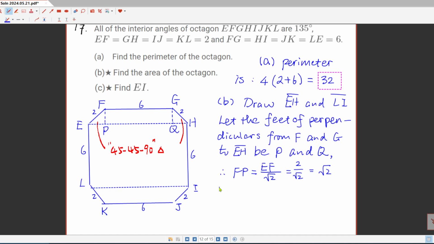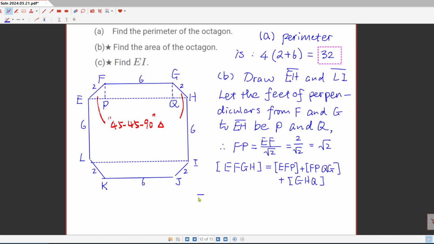And then the area of EFGH can be divided into three parts. That's the area of triangle EFP plus the area of rectangle FPQG plus the area of the triangle GHQ, right?